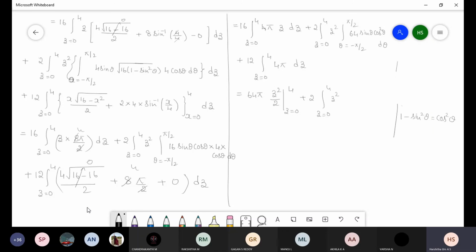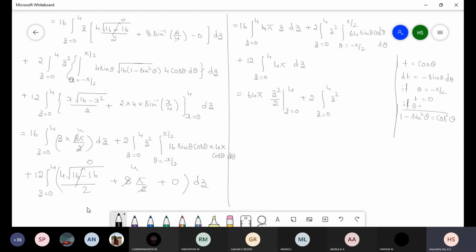Here also I will write the substitution method. Means put cos t is equal to cos theta. So dt is equal to minus sin theta into d theta. So here also if we want to change the limit, if theta is equal to minus pi by 2, t is equal to 0.